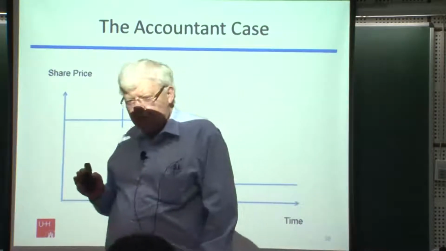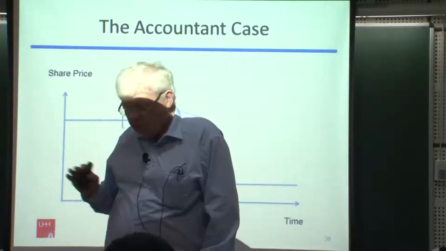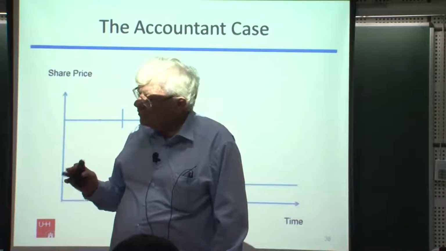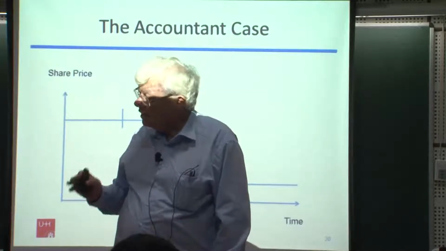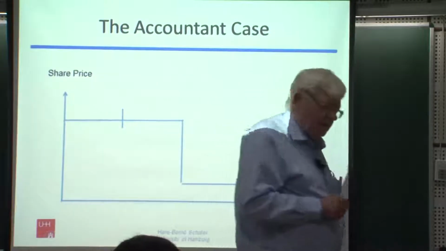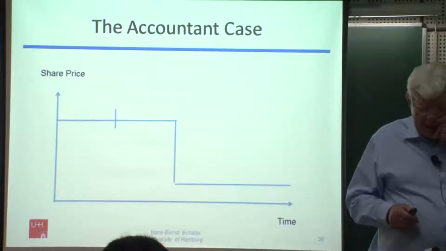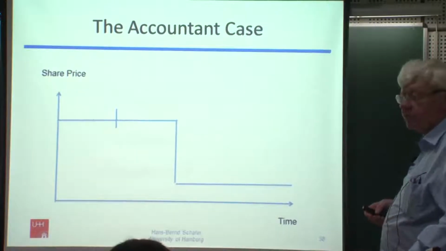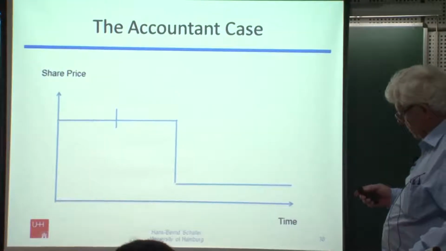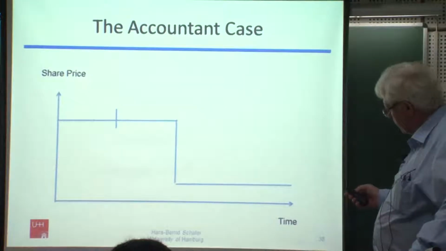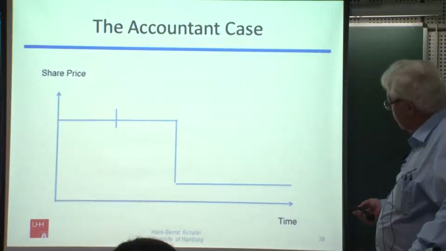Now it is assumed that it is totally out of question that the accountant was actually negligent, that he has negligently wrongly signed the balance sheet, and that therefore the company went too late into bankruptcy. Now the question is, should all shareholders receive this here as a damage compensation?